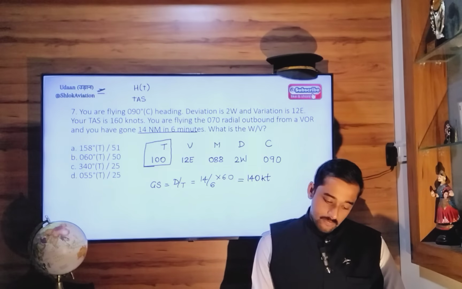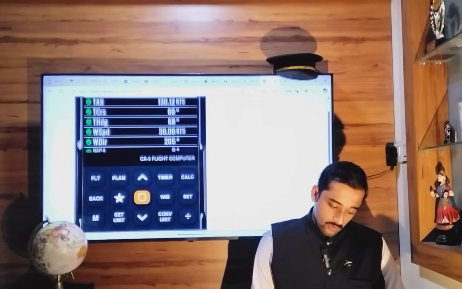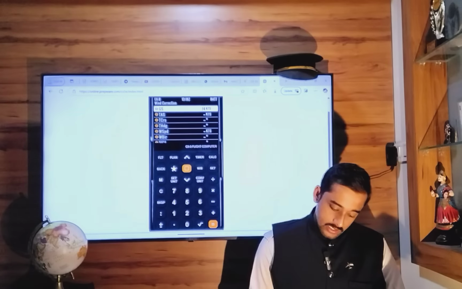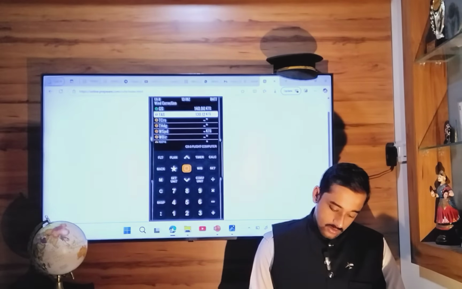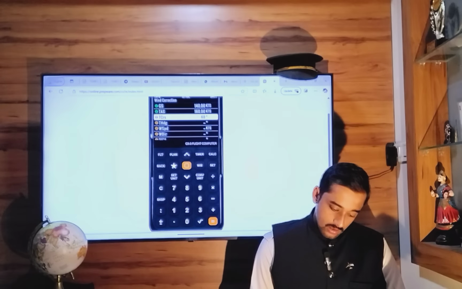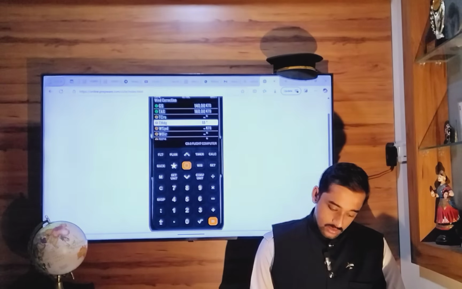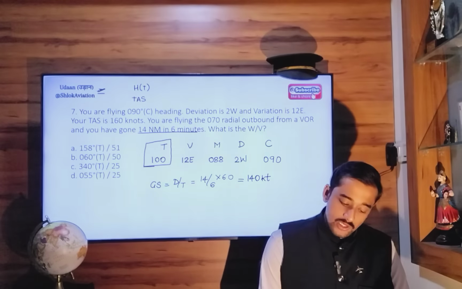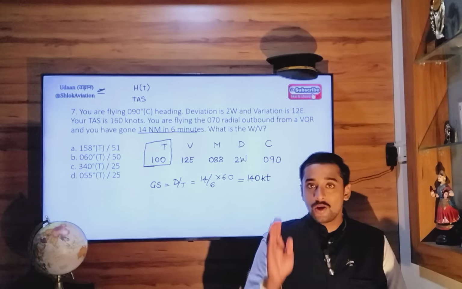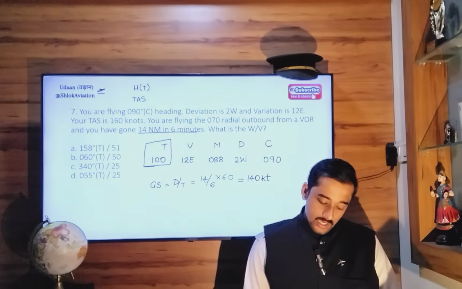So let's use CX3. 140 knot ground speed. Write 140. True airspeed is 160. True heading is 100. True course, what is your course? You are flying 070 radial outbound. So you are flying away from the VOR station on a course or track of 070.